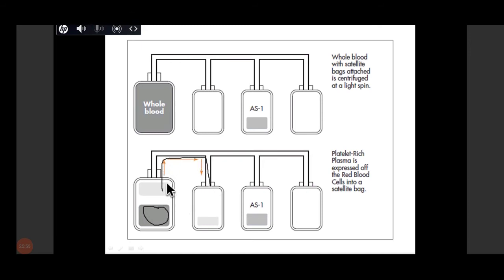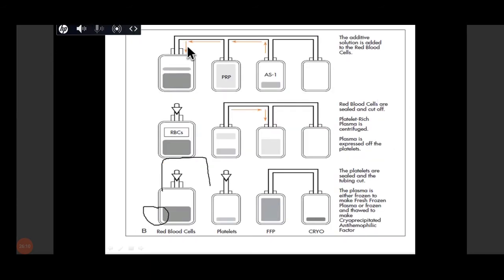The arrow here depicts the removal of the platelet rich plasma. After you remove it, the solvent present in the other bag, which is AS1 salt, is then put into the red cells and this gets detached.